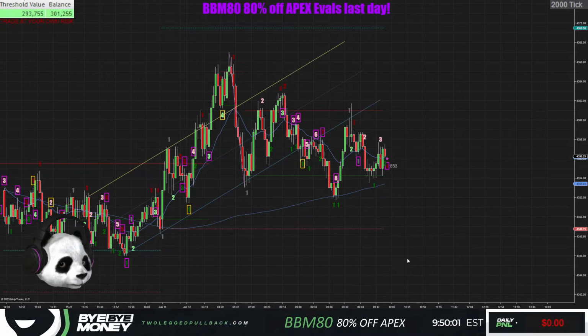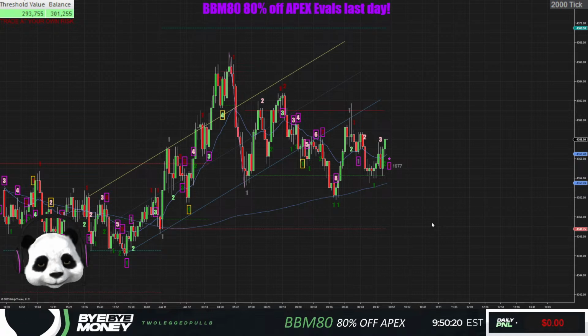Five-minute trap. If we're in a trading range, 10,000 tick trap, it may be reasonable to go long here back to the top of the trading range.